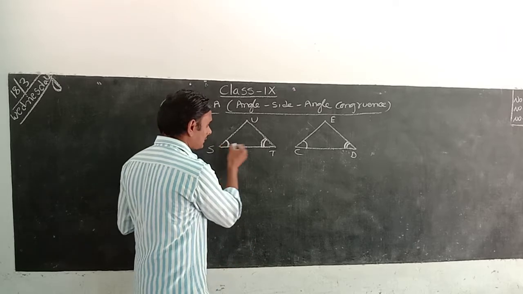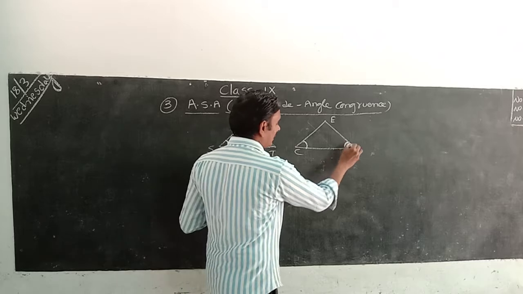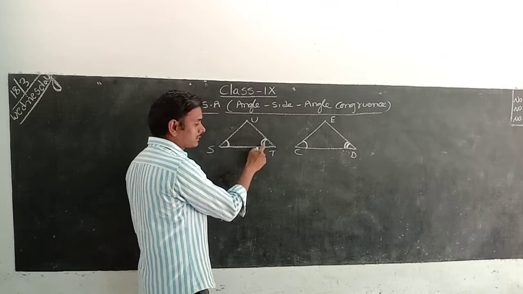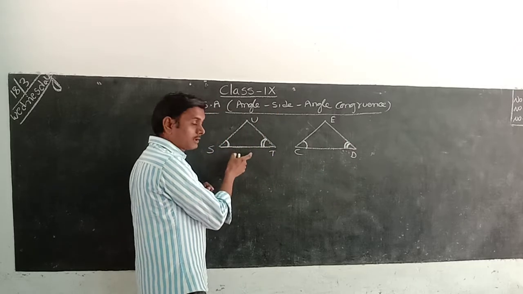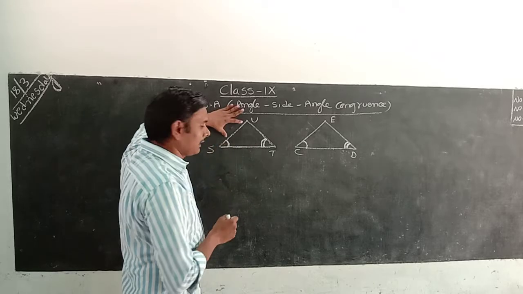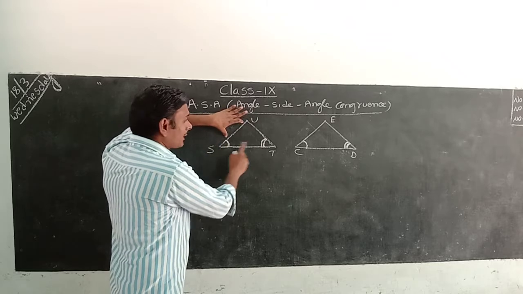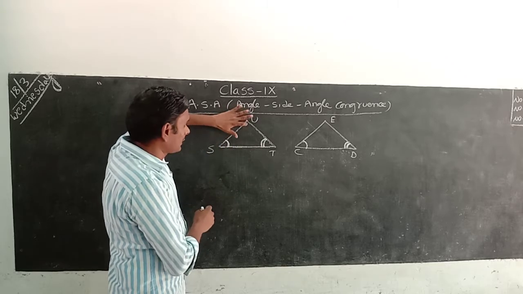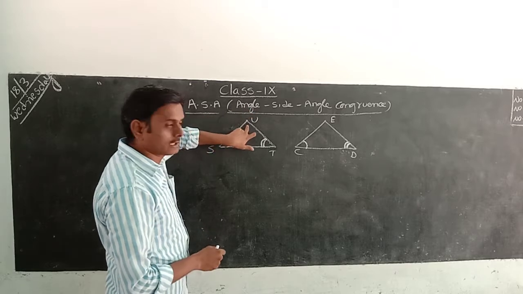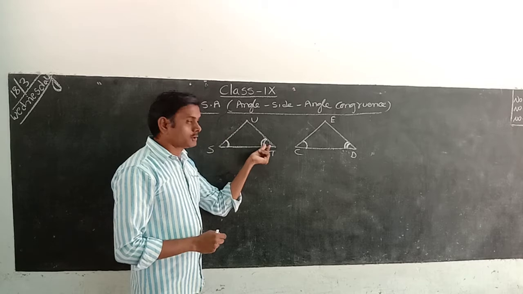By using these two angles, which side is formed? These two angles are formed on that side. If you choose this angle, only one angle is available, so these two angles should be considered. Don't consider this other angle. It is also an angle, but we don't need it because we are choosing these two angles only.